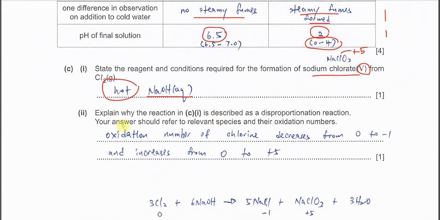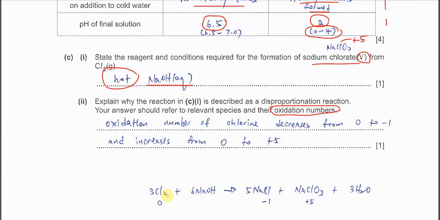Part 2. Explain why the reaction in C part 1 is described as a disproportionation reaction. Very easy. You must always explain using oxidation number. So you need to mention the change in the oxidation number. Initial oxidation number is 0. So oxidation number of chlorine decreased from 0 to -1. This is first. Second, it increases from 0 to +5.